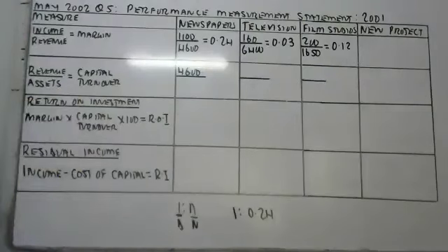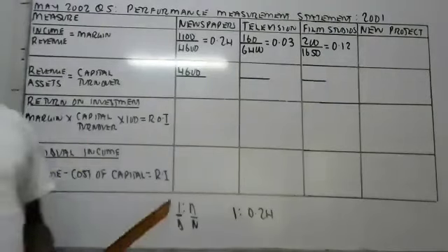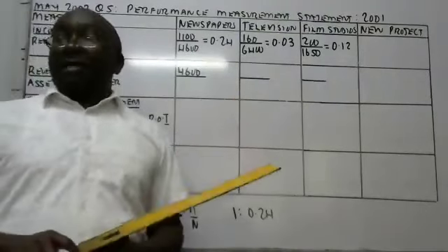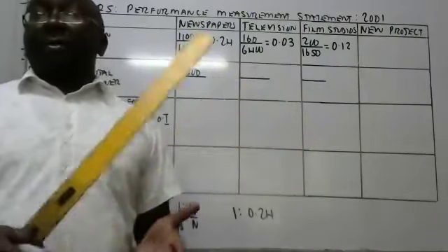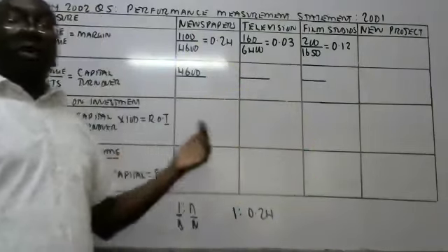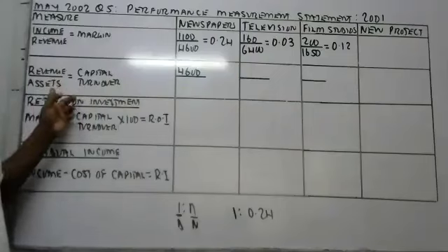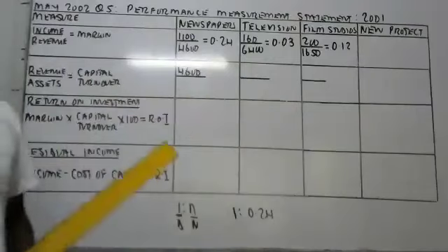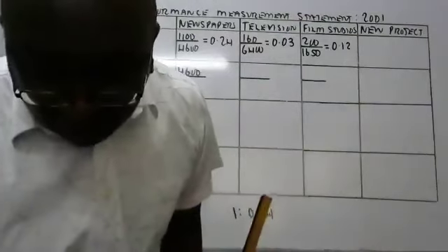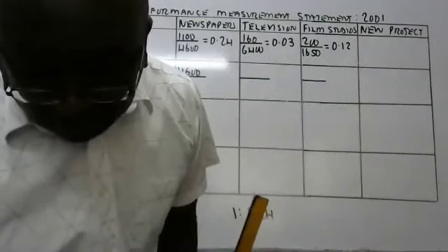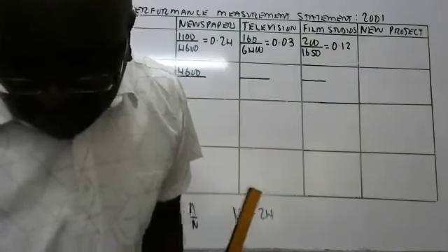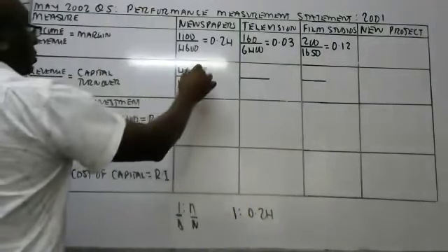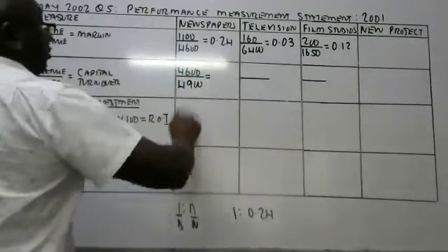And when we talk of capital, it is all the liabilities except the current liabilities. Even so, we will see it changing as we go to other questions, but it's the same thing. Here they have given it a very clear name, assets. So for newspapers, the assets are 4,900. Give me the answer.